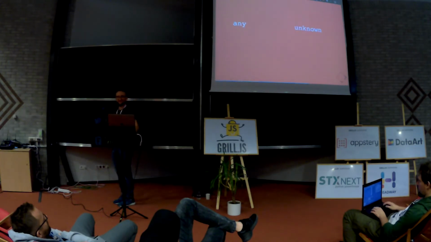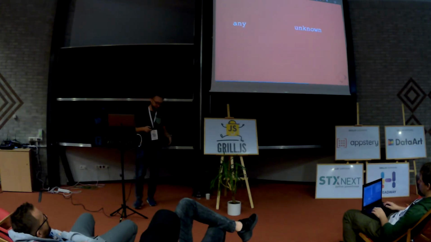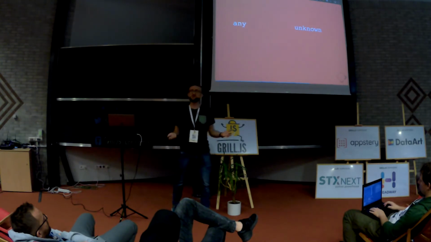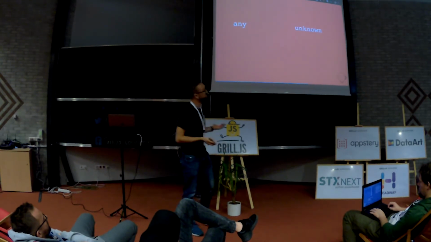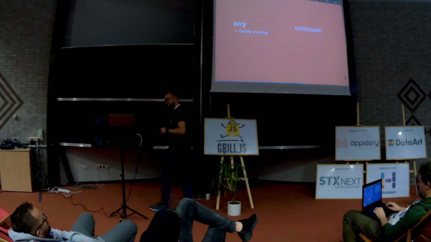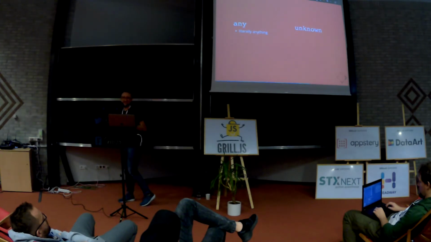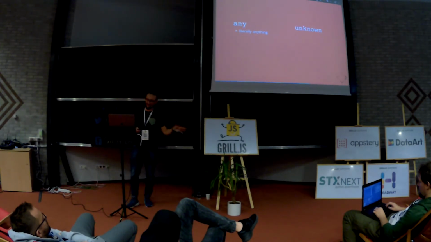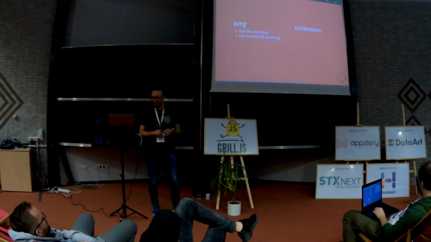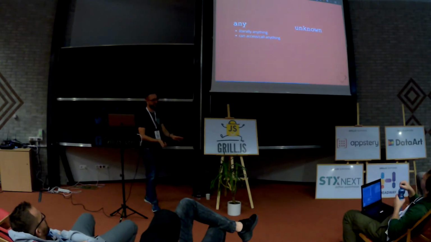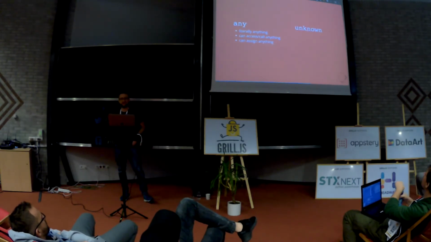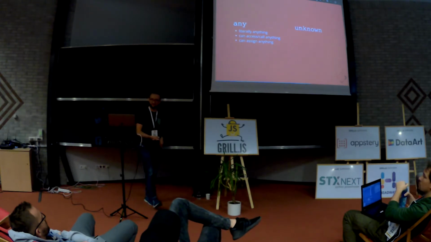Okay, we have two options to do it. We have any and unknown. Any, the evil twin, is literally anything. And you can call anything from it. And you can assign anything to it.